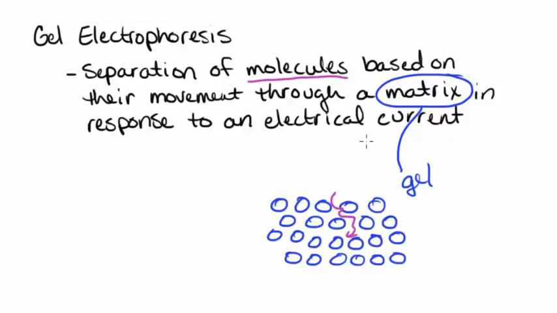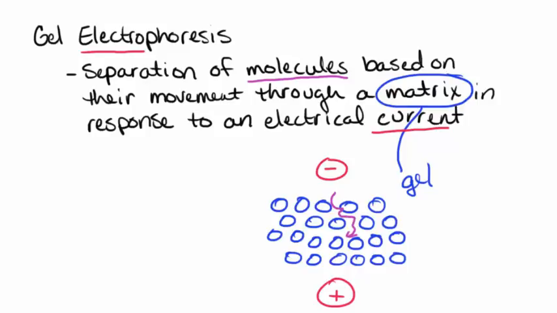Now the current part of it, the electrical current, that's the electrophoresis part of it. We will have electrodes that represent various charges on the two sides of this gel. We might have a negative electrode up here and we might have a positive electrode up here. And then if we have a charged molecule itself, it's going to want to move in response to the electrical current that's being applied.